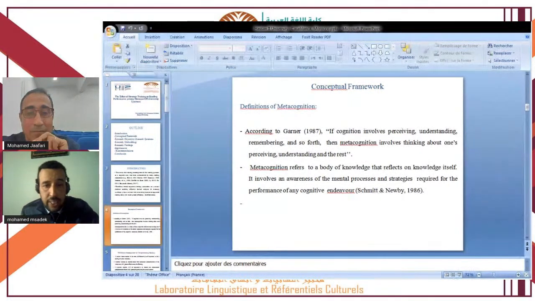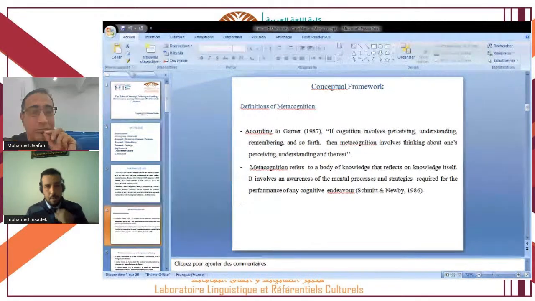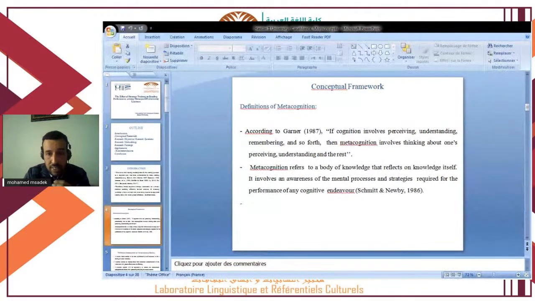So according to these definitions, we can state that metacognition as an effective way of reasoning is usually referred to as the potential capability or the ability of the learners to think critically and methodically while they are involved in cognitive processes.